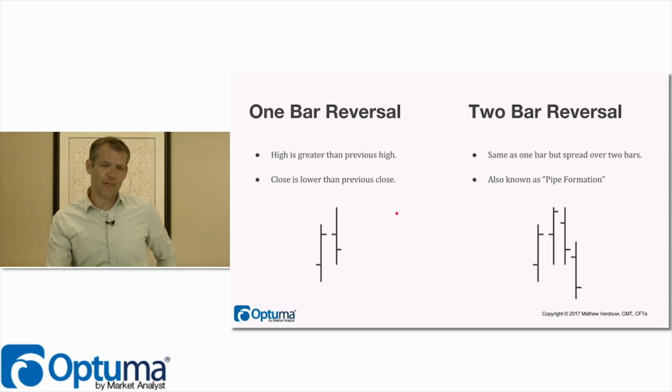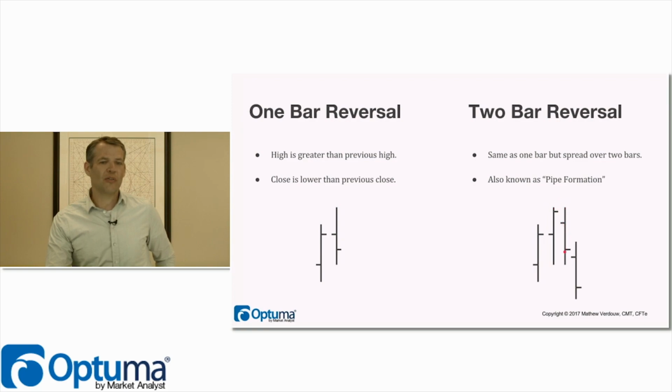A two bar reversal, it's the same as the one bar, but it's just spread over two bars. If you imagine that this bar could be split into two, it's really the same sort of pattern going on. We come up, we've got our open, we go higher, we've got another bar here. These don't necessarily have to be the same length, but the tops do have to be around the same point.